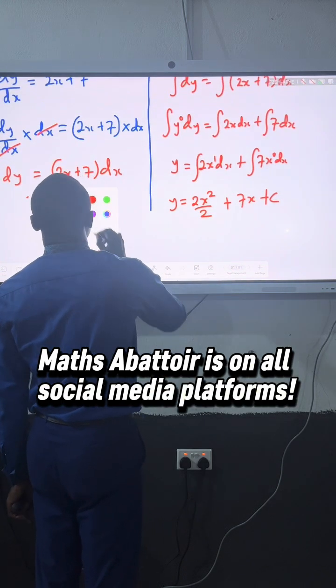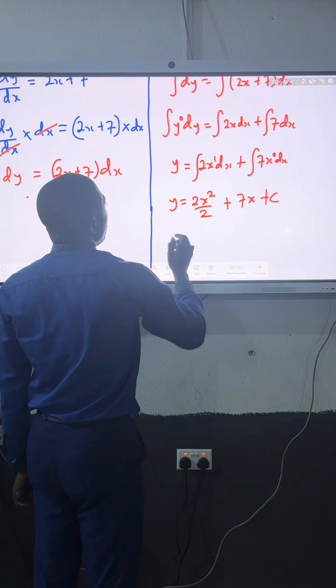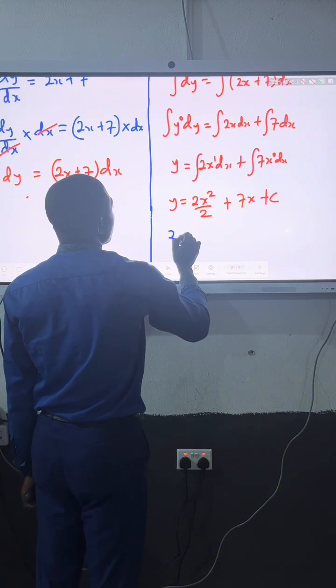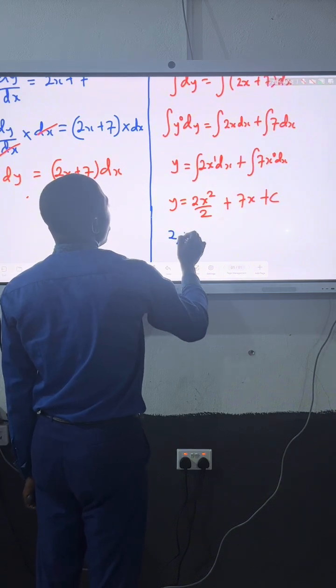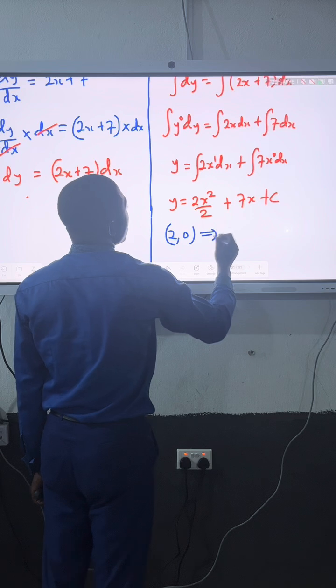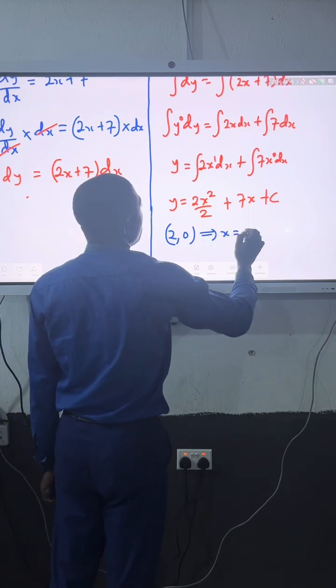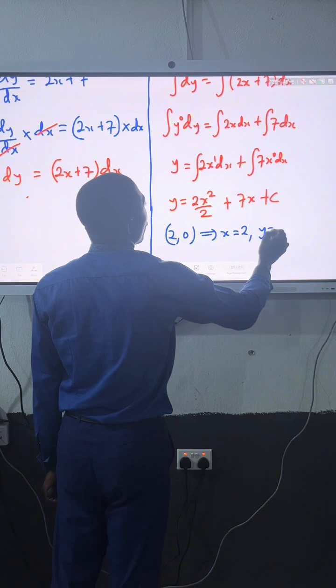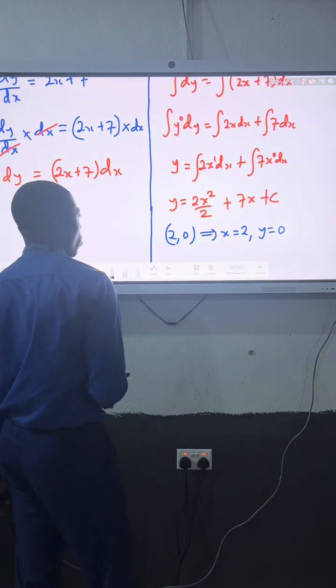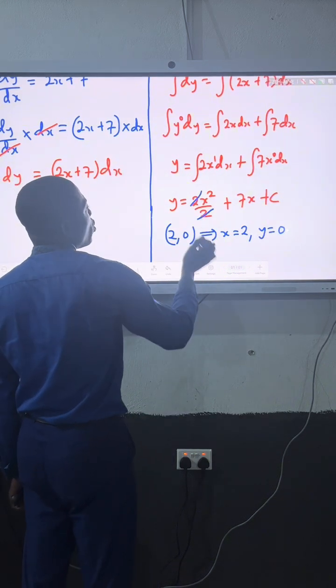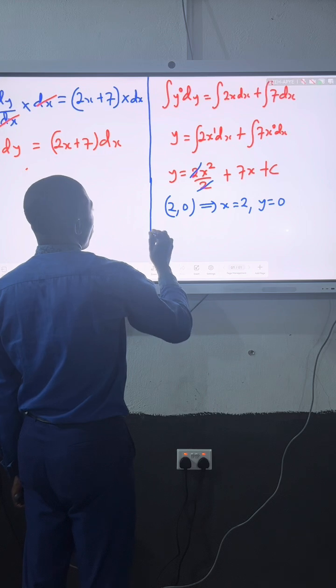So when the point is (2, 0), it means that the x value is 2, while the y value is 0. Of course, you know that we can drop the 1 here.